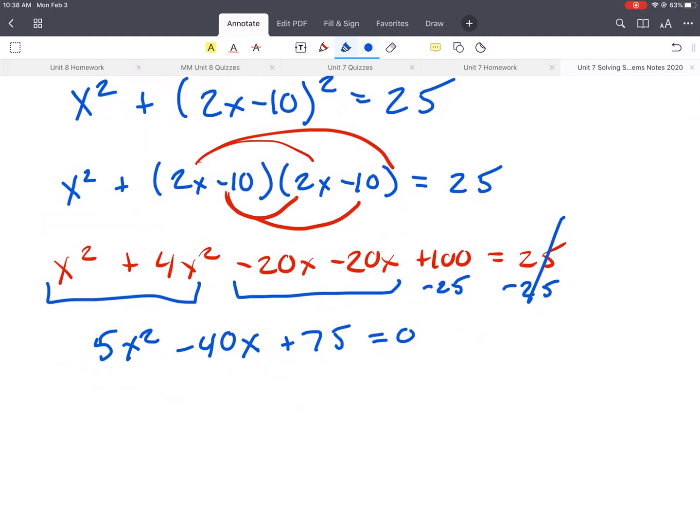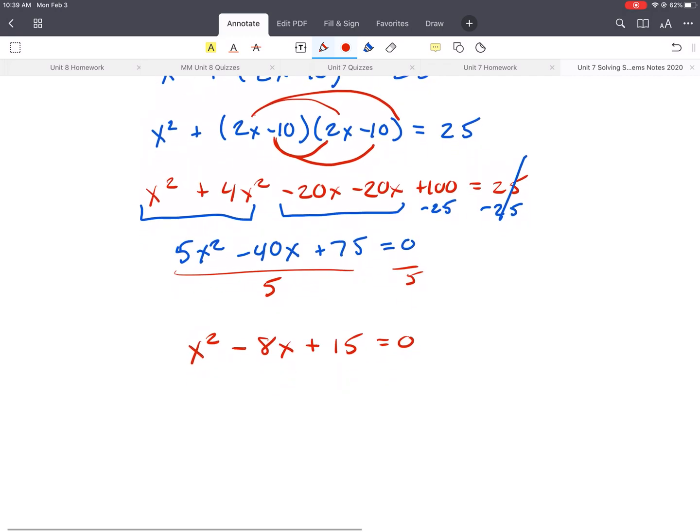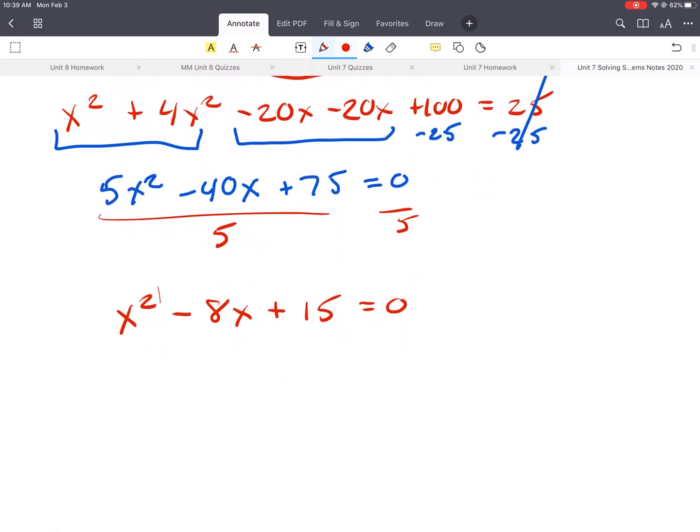If you can, I would always say divide both sides by the greatest common factor. So we can divide both sides by 5. Keep it balanced. So we end up getting x squared minus 8x plus 15 is equal to 0. It makes it much easier, and then oftentimes you can factor.